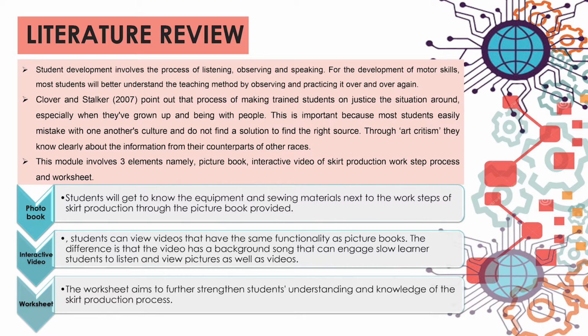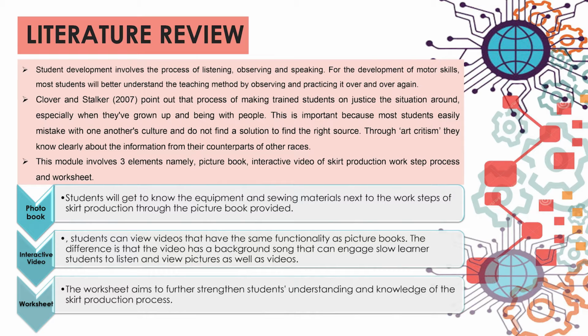The literature review. Student development involves the process of listening, observing and speaking. For the development of motor skills, most students will better understand the teaching method by observing and practicing it over and over again. Clover and Stalker 2007 point out the process of making trained students aware of the situation around them, especially when they go out and are with people.